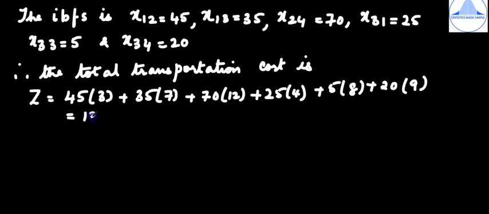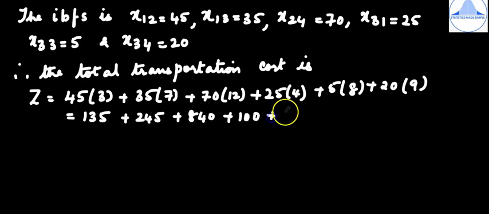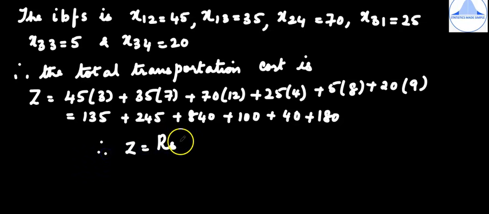This is equal to 135 plus 245 plus 840 plus 100 plus 40 plus 180. Therefore we get Z equal to rupees 1540.